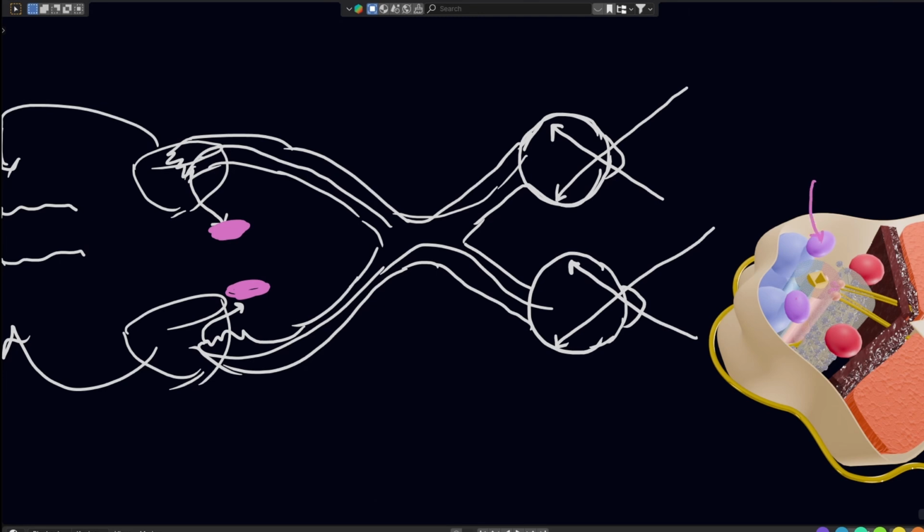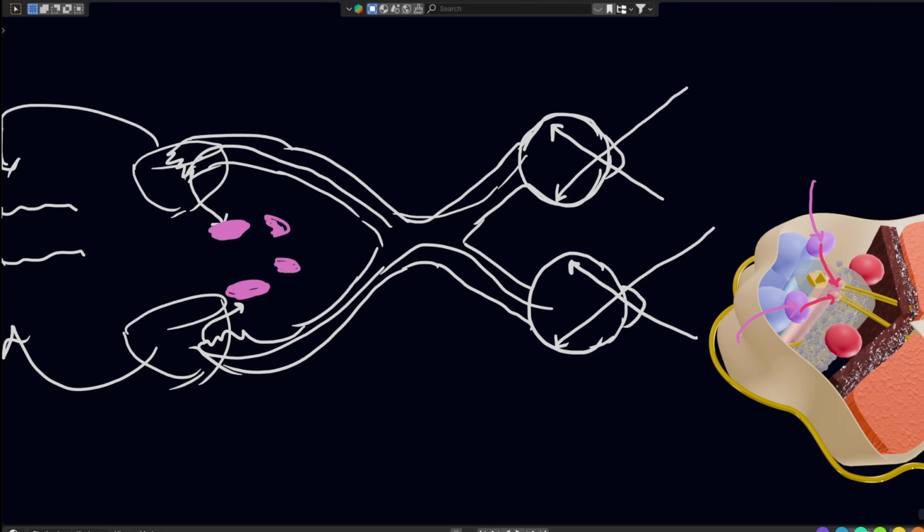So here this pretectal nucleus is receiving the light information, and from the pretectal nucleus, fibers are sent to the Edinger-Westphal nucleus. Let's use another color. So here it will give fibers to the Edinger-Westphal nucleus. Of course we have the Edinger-Westphal nucleus here.